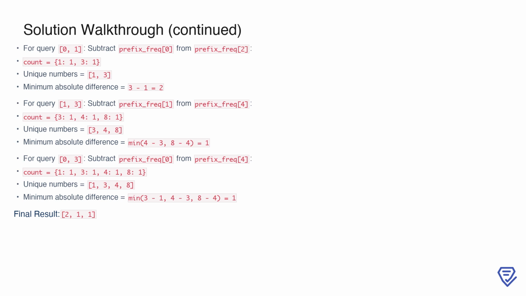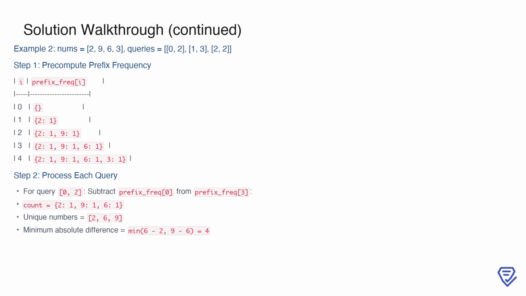Finally, for the query 0, 3, the frequency count is 1, 1, 3, 1, 4, 1, 8, 1. The unique numbers are 1, 3, 4, 8, and the minimum absolute difference is min of 3 to 1, 4 to 3, 8 to 4, equals 1. The final result for these queries is 2, 1, 1.